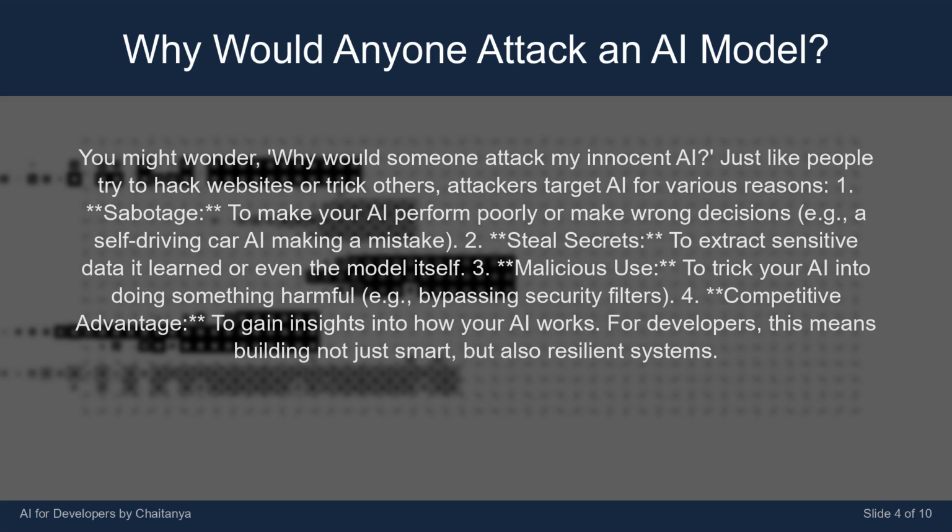Malicious use: to trick your AI into doing something harmful, e.g., bypassing security filters. 4. Competitive advantage: to gain insights into how your AI works. For developers, this means building not just smart, but also resilient systems.